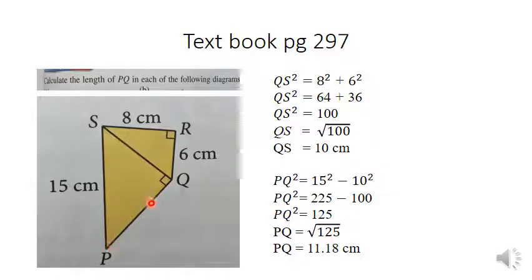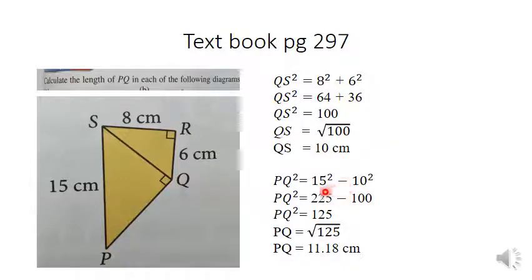You want to find PQ, so you write PQ. And then PQ, hypotenuse or not? Not hypotenuse. Hypotenuse is PS because PS is opposite of the 90 degrees angle.